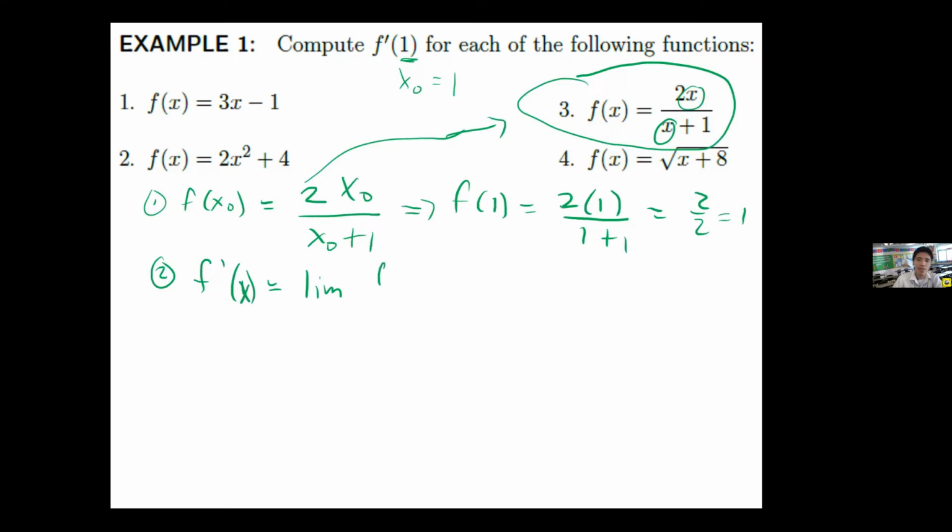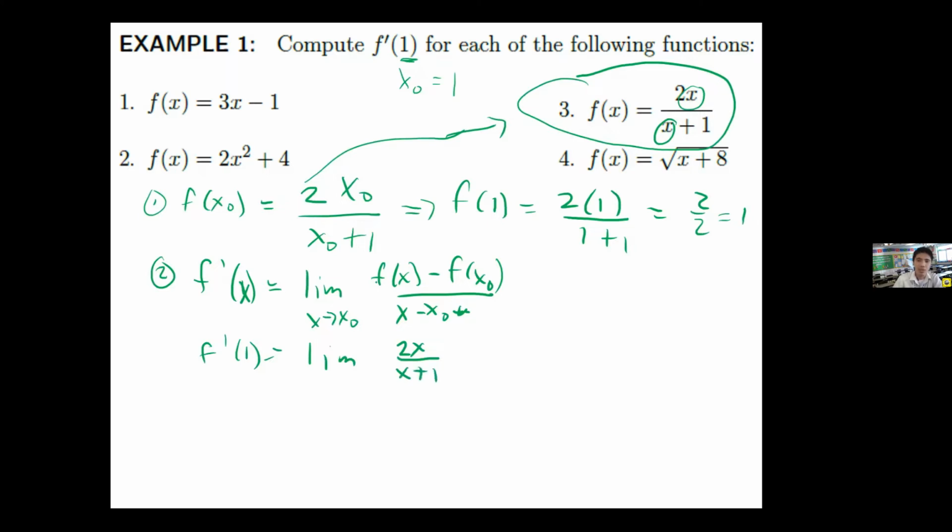Di ba ang formula ani is f of x minus f of x sub 0 over x minus x sub 0 as your x approaches x sub 0. Then by substitution, f prime of 1, so meaning limit ni f of x na to. So mao na tong 2x over x plus 1.